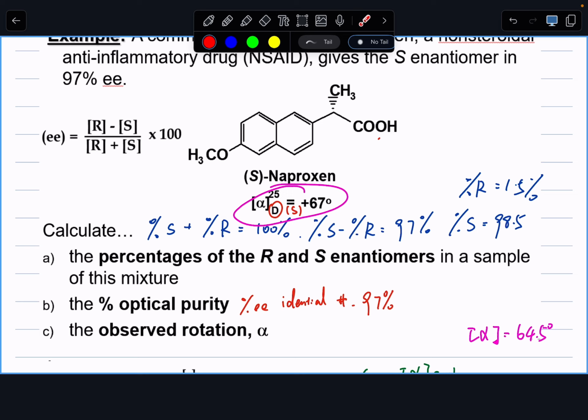I'm still kind of confused where you got the 98.5% from. This one? Yeah. Okay, so this equation, the EE, I'm just going to do it on the board. This might be easier.